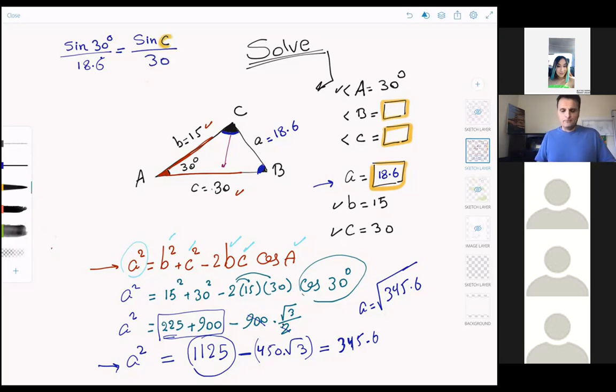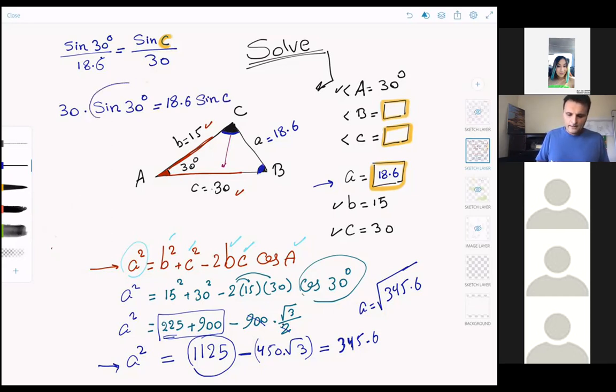And I should be able to solve for that because one equation, one unknown. We cross multiply, we get 30 multiplied by sine of 30 degrees equal to 18.6 sine of C.